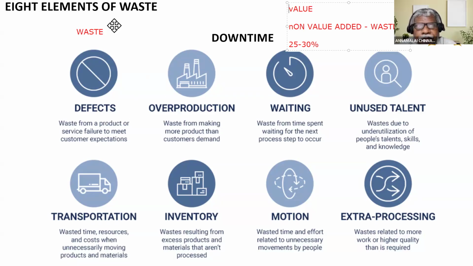Second one is overproduction. If you are producing something extra, many times it happens that we don't have firm orders from the customer. So instead of keeping our machines and manpower idle, we just produce some items based upon some expected order, thinking that once the customer places the order, we can directly select from our finished goods.